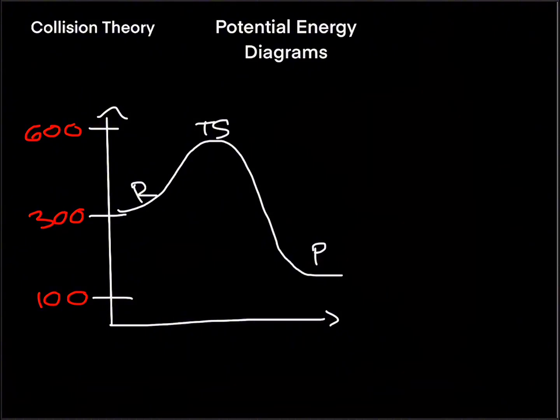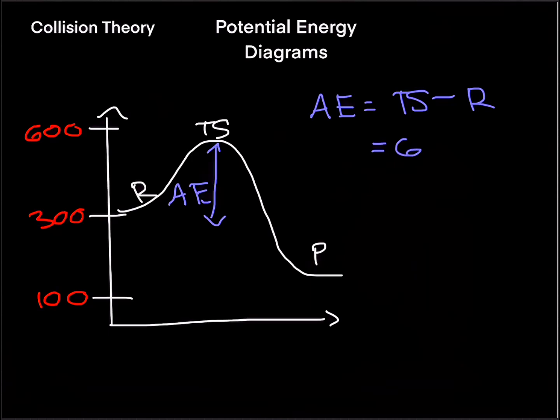So let's put some numbers to these diagrams. So let's say the product is at a value of 100, the reactants is at a value of 300, and the transition state is at a value of 600. So if we want to calculate, let's say, the forward activation energy, the forward activation energy is the difference between the energy of the transition state and the energy of the reactants.